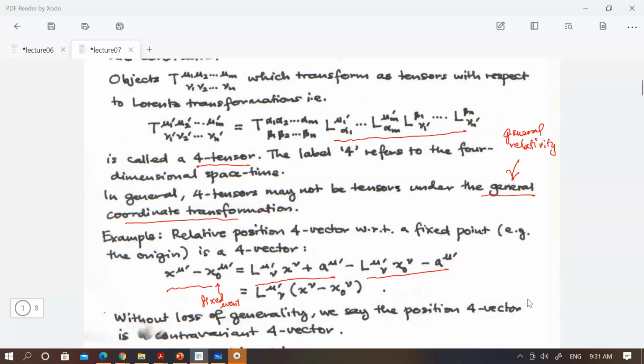What happens in this particular case is that the inhomogeneous part, the one with the constant addition, will cancel off. Then you're left with, if you consider relative position with respect to a fixed point, usually you just take your fixed point to be the origin, and then your position vector is essentially a contravariant four vector.